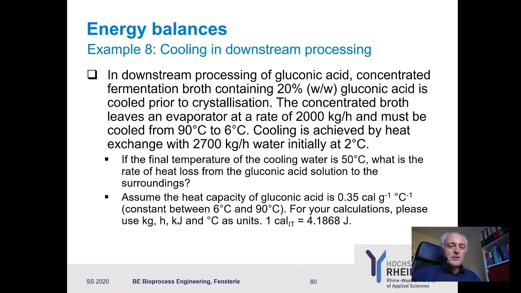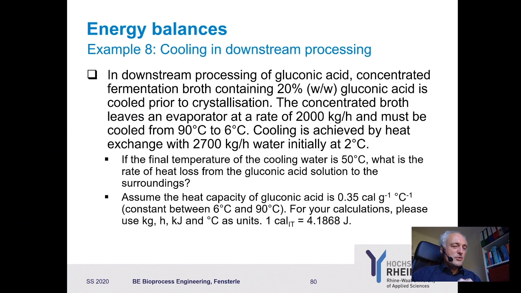The concentrated broth leaves an evaporator at a rate of 2000 kilograms per hour and must be cooled from 90 degrees to 6 degrees. Cooling is achieved by heat exchange with 2700 kilograms per hour water, initially at 2 degrees. And the question is, if the final temperature of the cooling water is 50 degrees, what is the rate of heat loss from the gluconic acid solution to the surrounding?